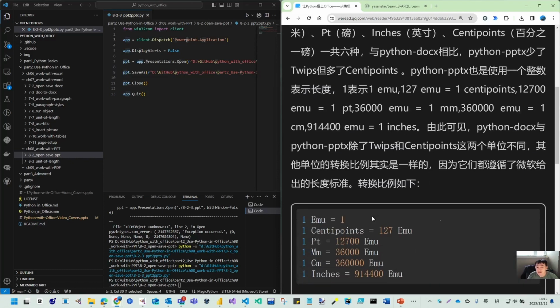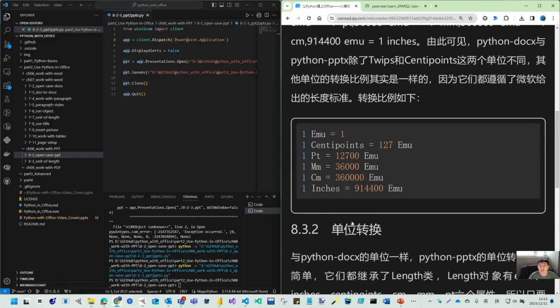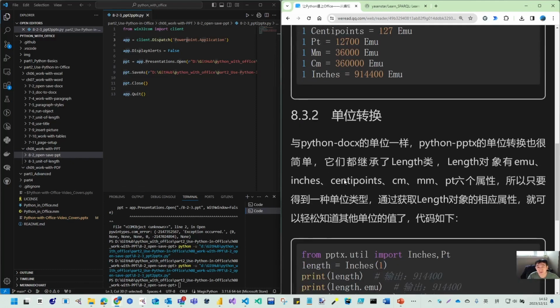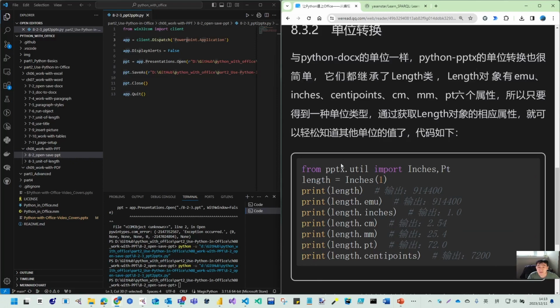So this just has those conversions. If you treat this as a small dictionary, you don't need to memorize that. So we just use one piece of code to demonstrate this output.